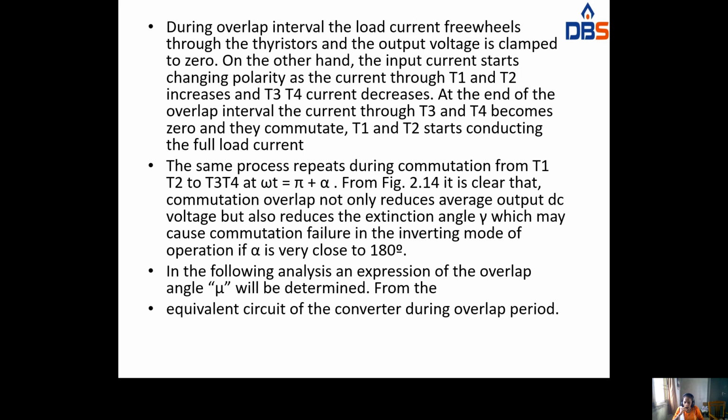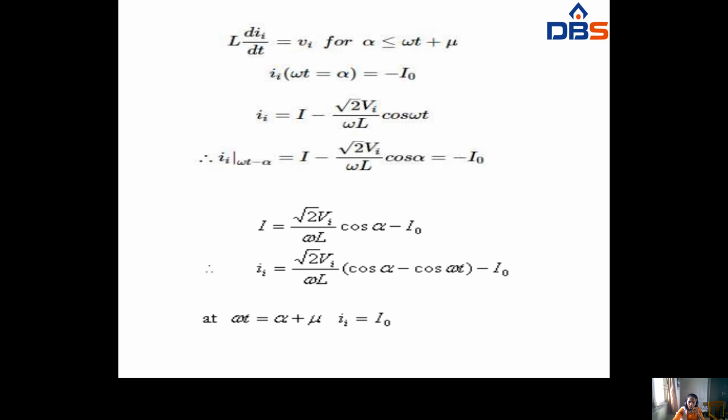So in the following analysis, an expression for the overlap angle mu will be determined. Okay. So, the equivalent circuit of the converter during the overlap period. Here we want to calculate the overlap angle mu.